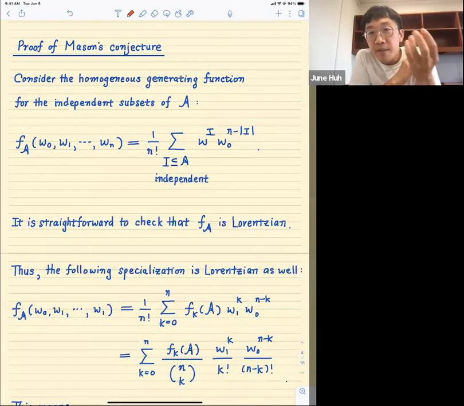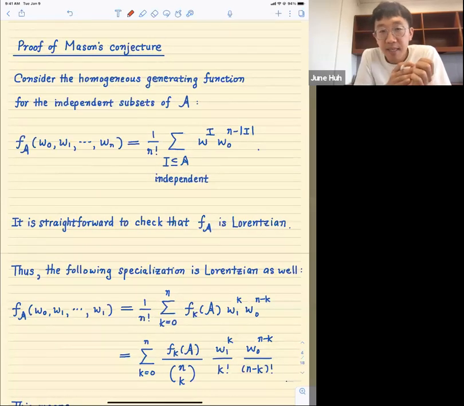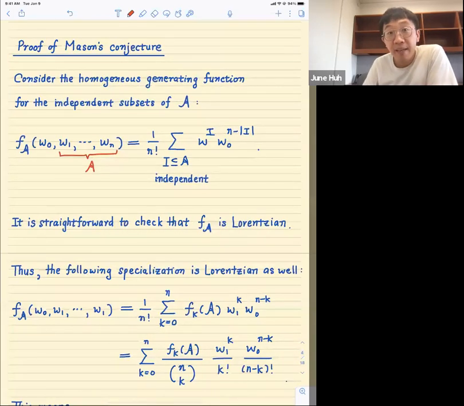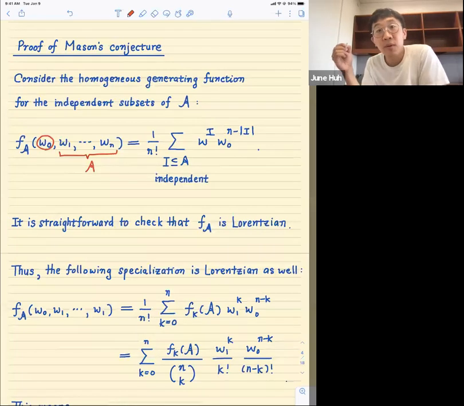Somebody gives you a vector configuration. You want to justify this log-concavity inequality. How do you do that? You first consider the homogeneous generating function for the independent subsets of A. There are going to be n variables corresponding to the n vectors in A, and there is one more variable, W0, which I'm going to use to homogenize my generating function.